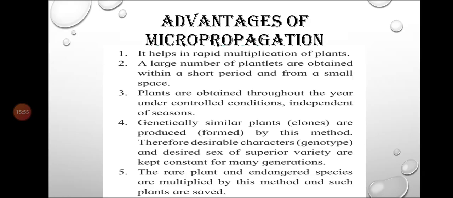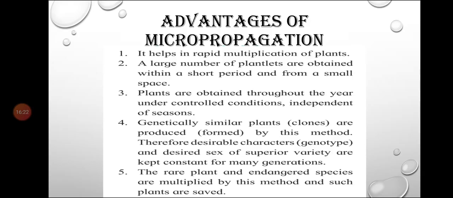Otherwise, for growing a particular plant, we have to see whether the season will be perfect or whether in this season the plant will grow or not. But when we say tissue culture, we don't have to see the season. We are doing it in our own controlled conditions of temperature, pressure, humidity, and in the lab by maintaining aseptic conditions. So we can obtain the plants throughout the year.